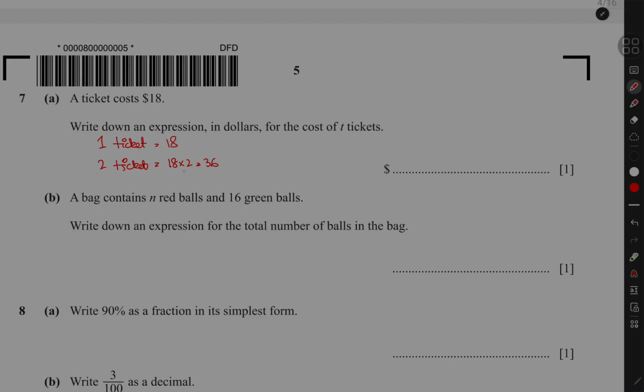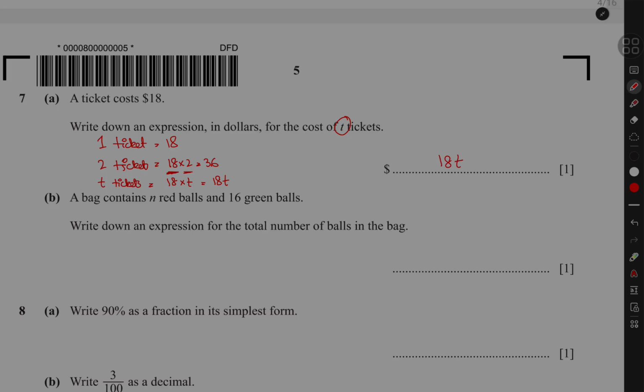So what I just did is multiply the cost of each ticket by the number of tickets. Now they have told us that the number of tickets is T. So T tickets would be equal to 18 times T, which is 18T, which is our answer. Okay, pretty easy.